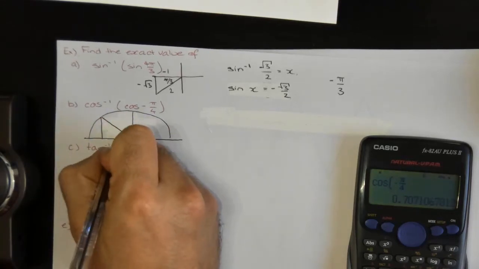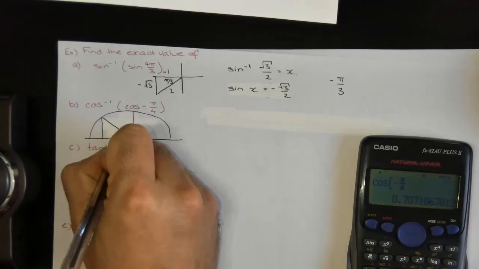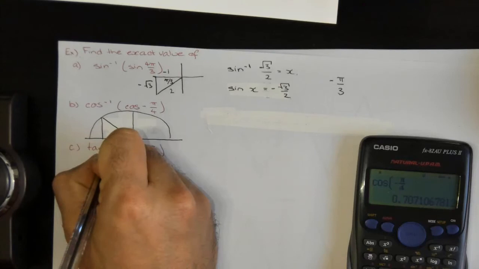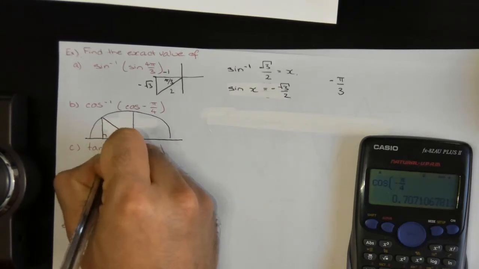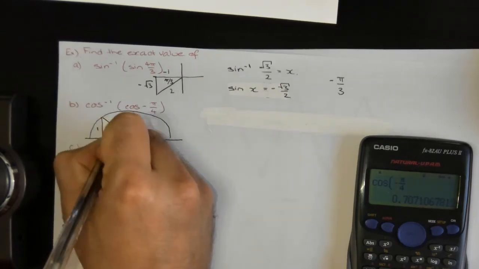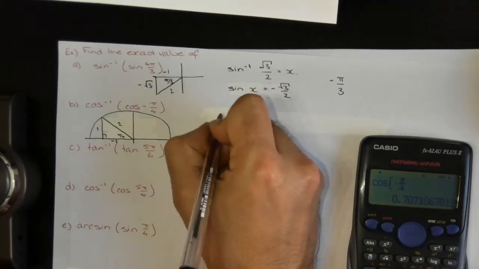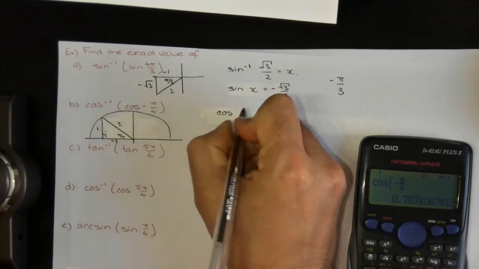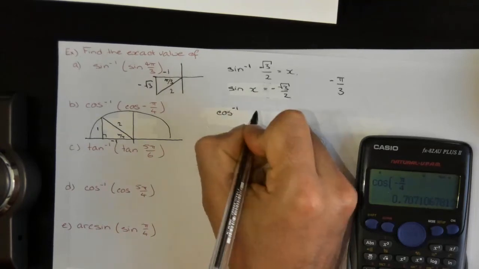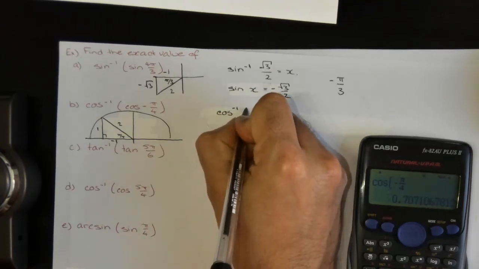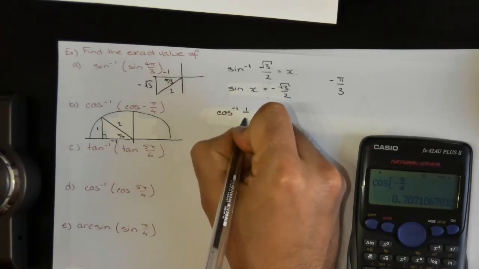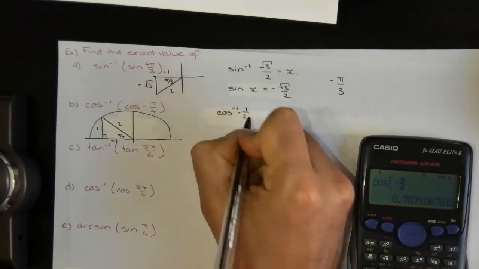And pi on 4, we get negative 1 over 2. So we actually want inverse cos of negative 1 on 2.